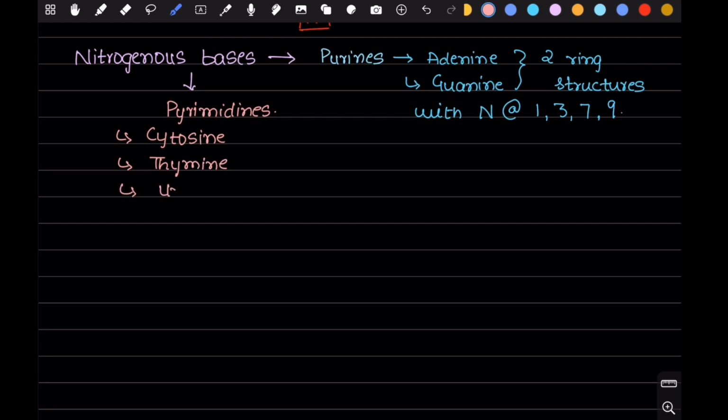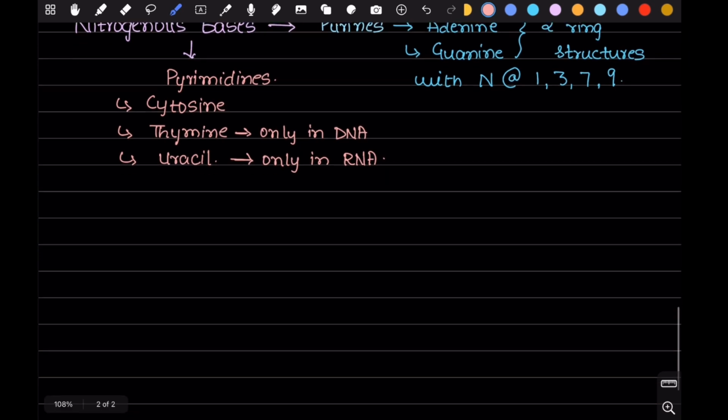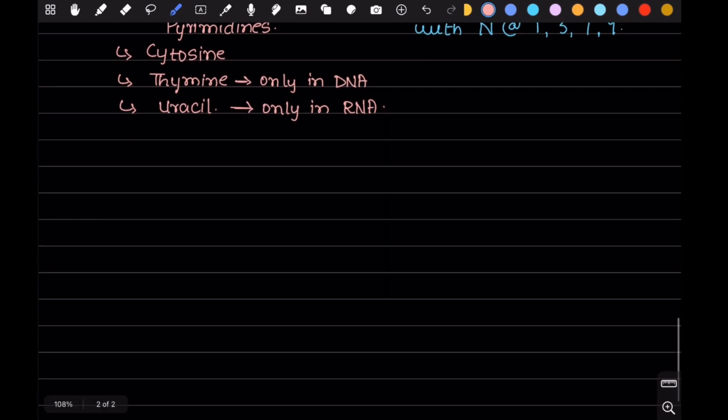And one important thing you have to know here is thymine is present only in DNA and uracil is present only in RNA. A major point that you should remember is that thymine, which is a pyrimidine, is present only in DNA. The uracil is present only in RNA.